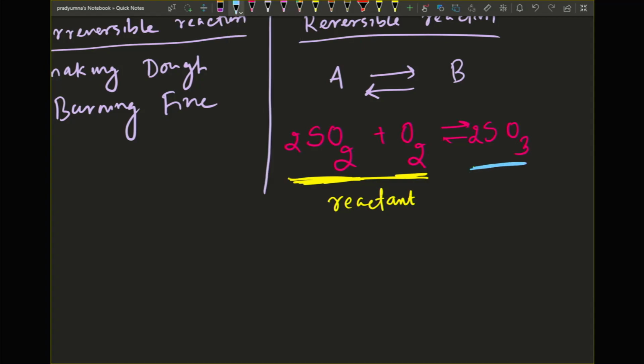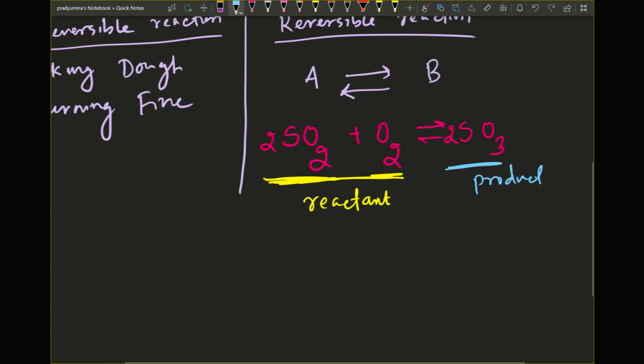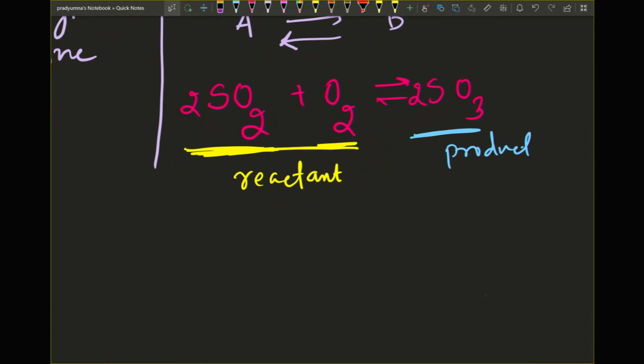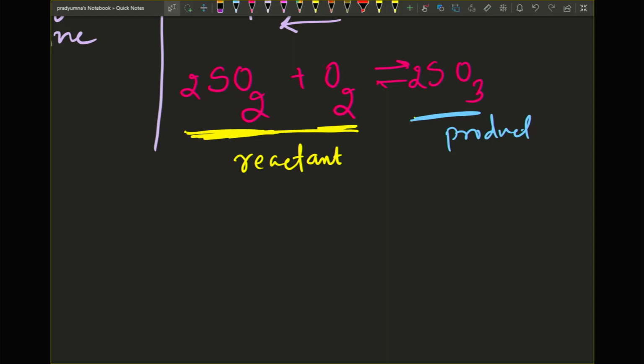So this is our product. Let's say you started with 200 of sulfur dioxide and 100 of oxygen. So let's monitor this reaction based on how much sulfur dioxide we have added. You can see if we plot a graph.